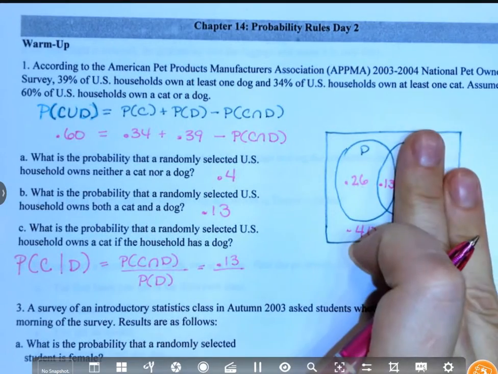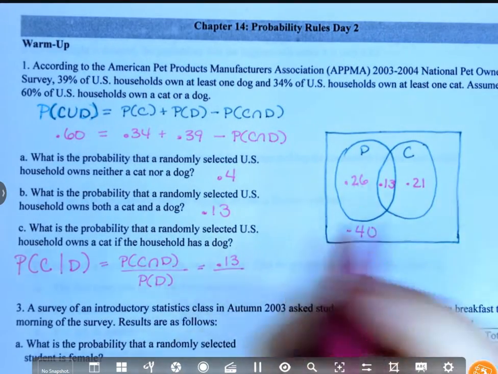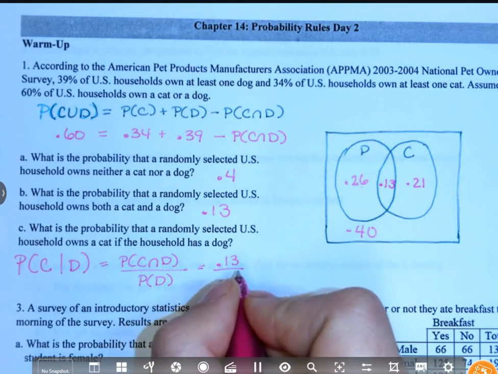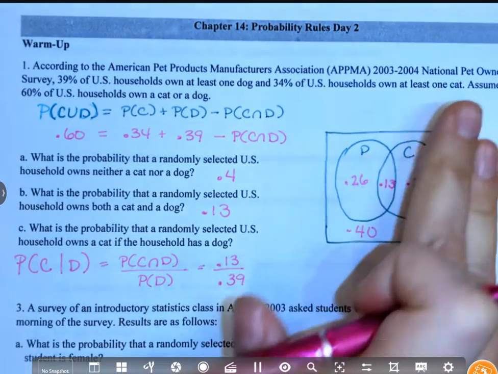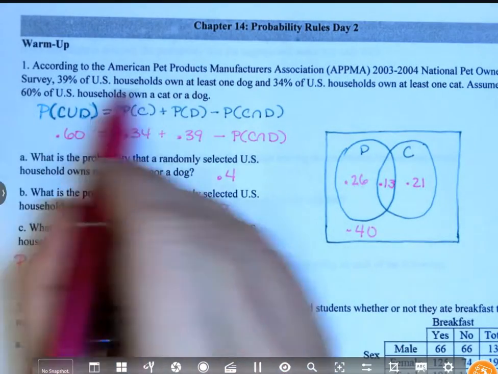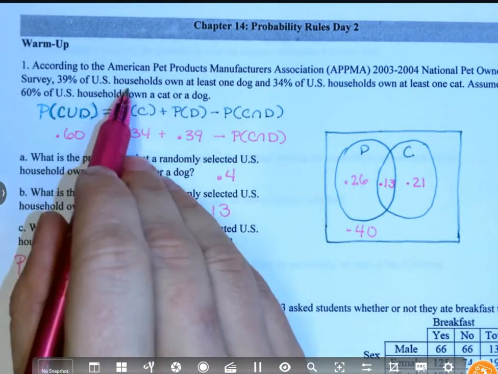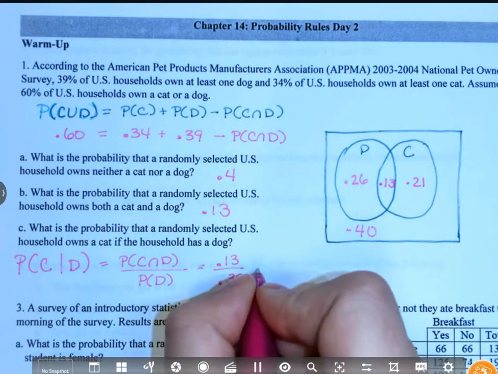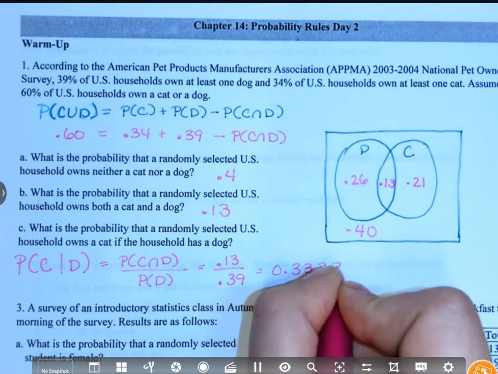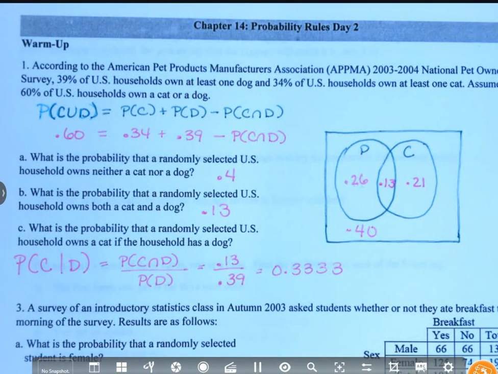What is the probability of dog? 0.39. Everybody that is in the dog category. Or you could even pull it right out of here. It said 39% owns at least a dog. So when I divide that out, that's what I get.